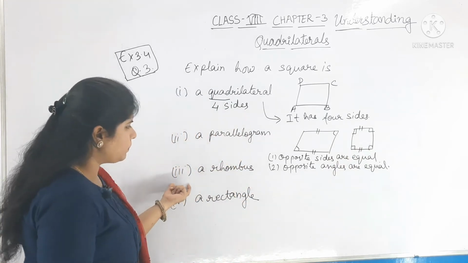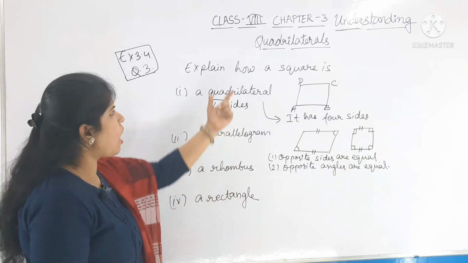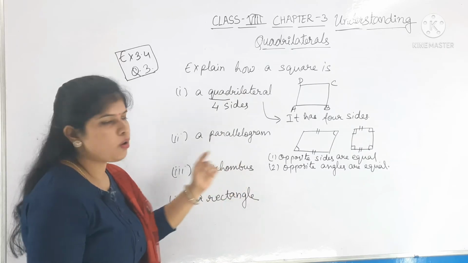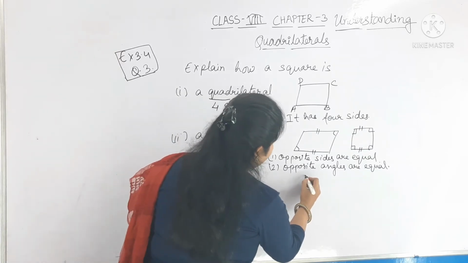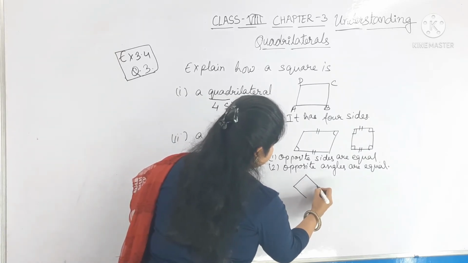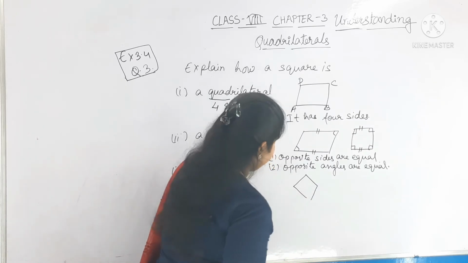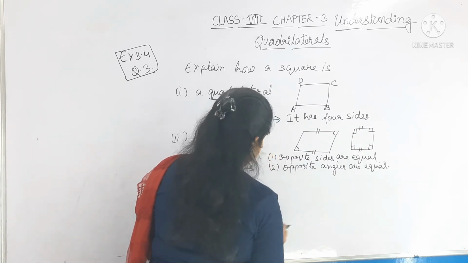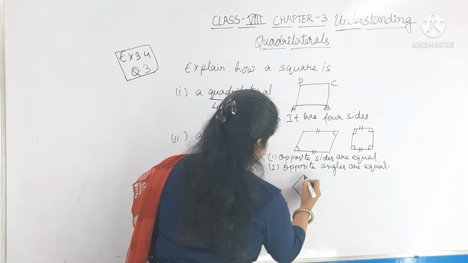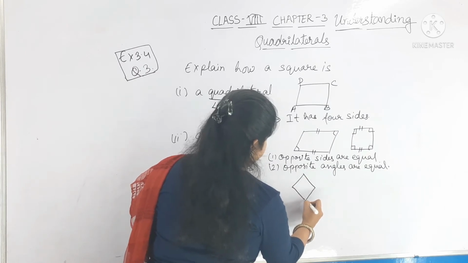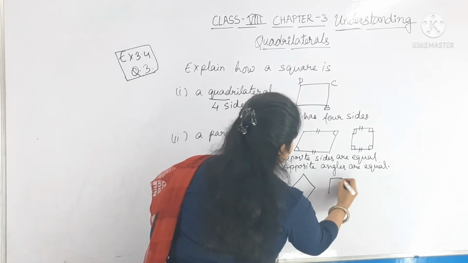Now come to the third part, a rhombus. How is a square a rhombus? You can draw like this. This is a rhombus and this is a square.